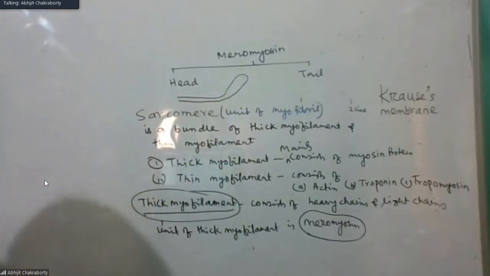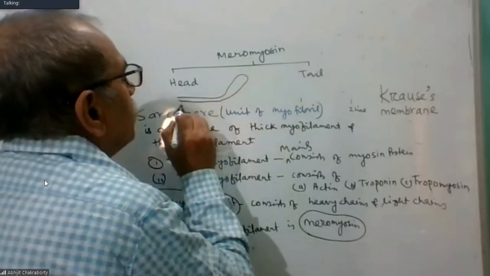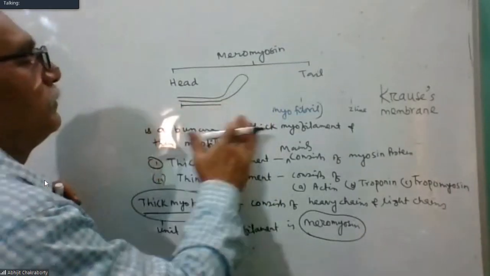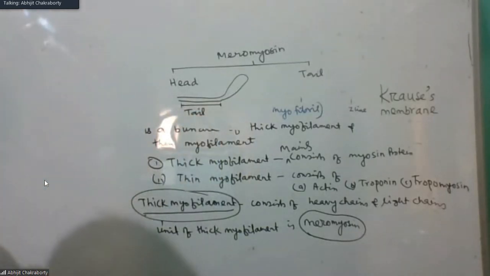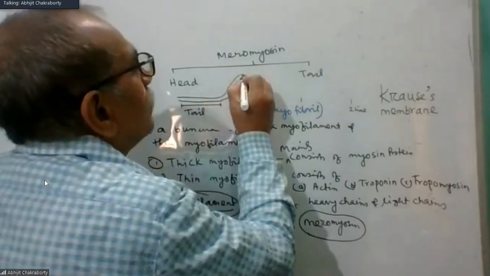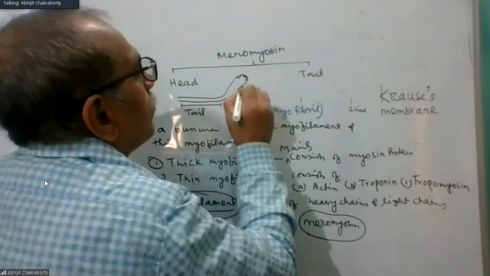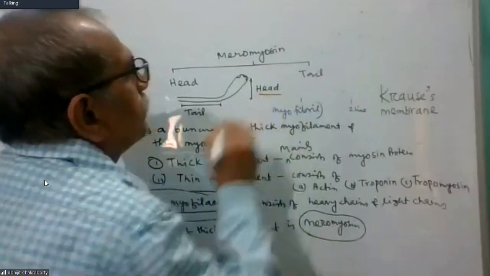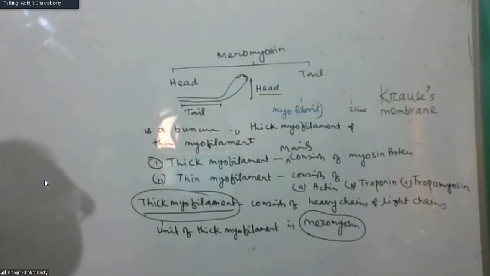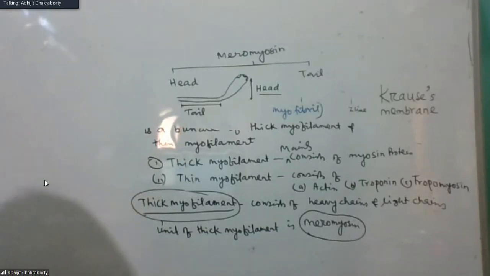Look. In short, after this is the tail. This part is tail. And this part is called the head. The head of meromyosin is required to bind to the actin to initiate muscular contraction. Is it clear now?